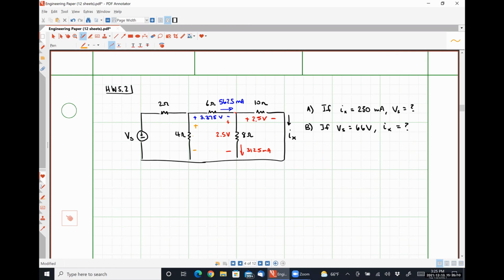Looks like 5.875. We can now use that value to find the current flowing through the 4 ohm resistor, which, this is getting ugly, 1.46875 amps.